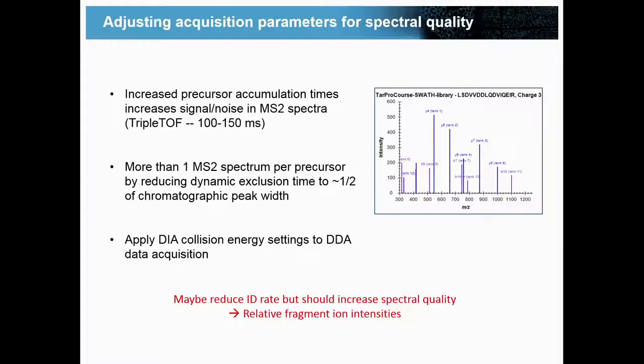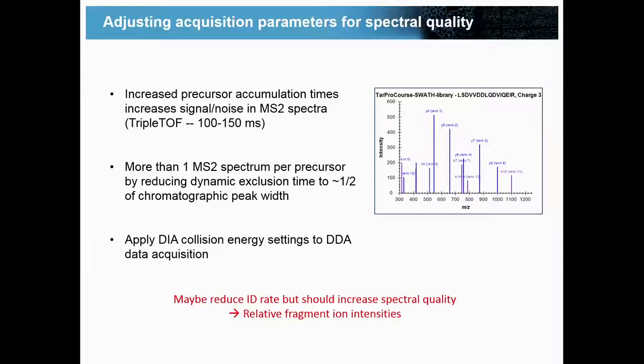So sometimes what we do, especially if we're doing upfront fractionation, on the TripleTOF, is increase the scan time up to 100 or 150 milliseconds. The normal scan time that's recommended in DDA mode is 50 milliseconds, but increasing the scan time gives you better signal to noise in the spectrum, and so this may have some value.